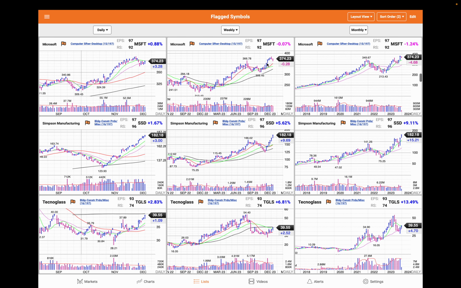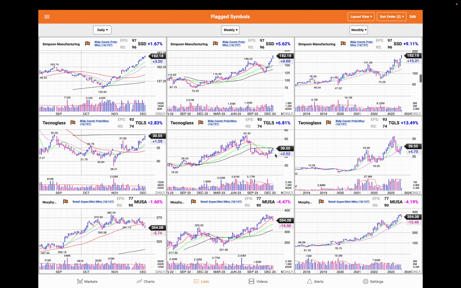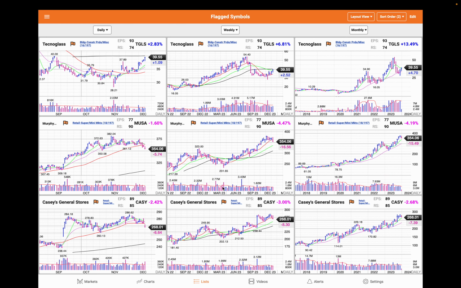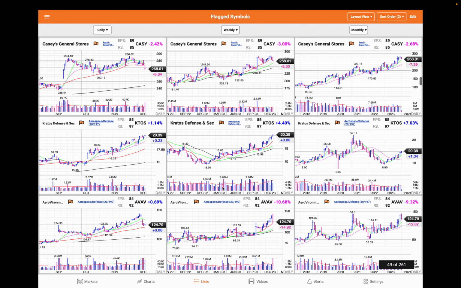Yeah, MSFT is pretty strong. It's an AI theme. Well, Technoglass is coming. Looks pretty strong. It's looking good. It's trying to challenge the 200 DMA. Okay, is there anything else?